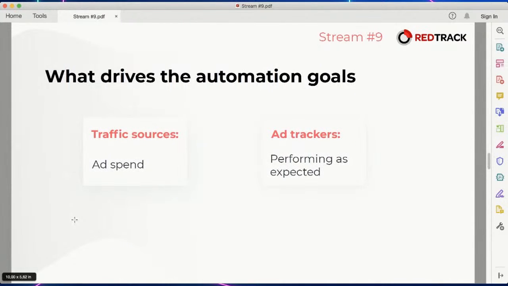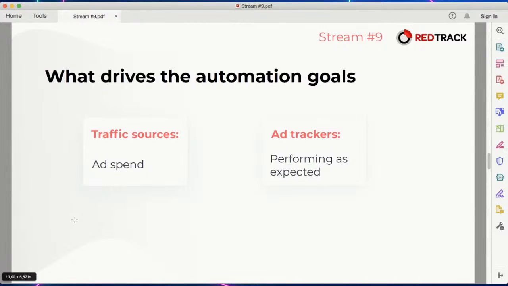I think no, because each particular traffic source cares about your spend. It cares about the budget with that particular traffic source. Now, you as a business, as a media buyer, care about your overall performance. So trackers are tuned to your goals, not to the goals of your traffic sources. The goal of the tracker is to provide you uniform, consistent data across all your traffic sources, so you know where you need to invest more and where you need to invest less.